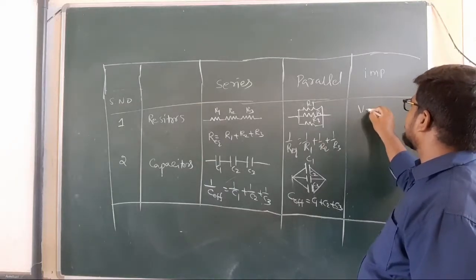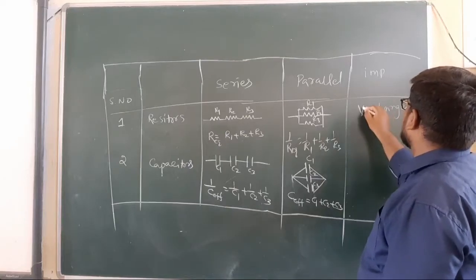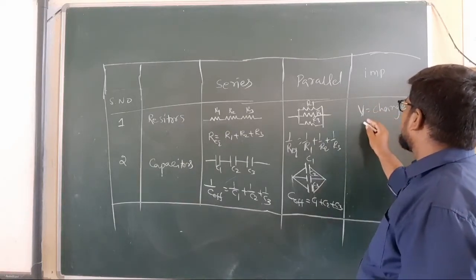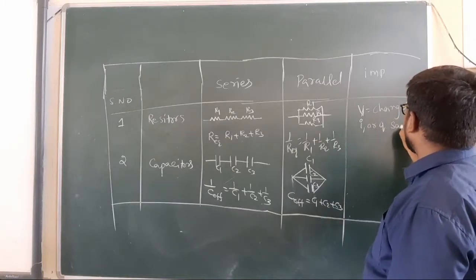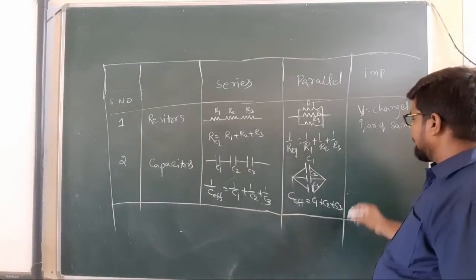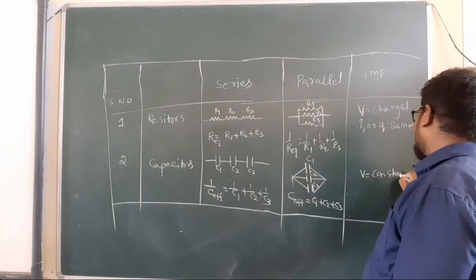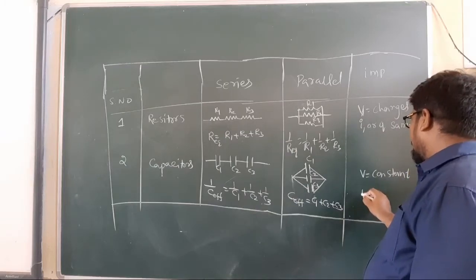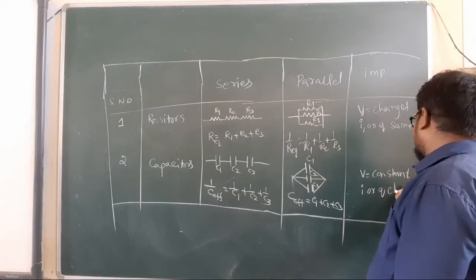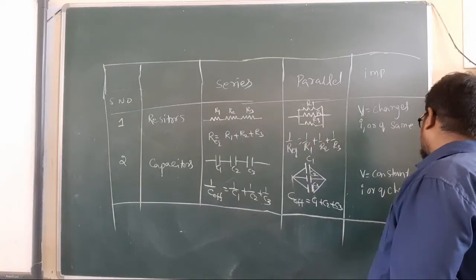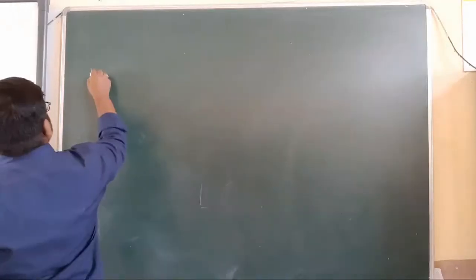So V changes, potential difference changes, but current is the same. Current or charge is the same. In a parallel combination, potential difference is constant and the current or charge changes. Clear, my children? Very, very important table.